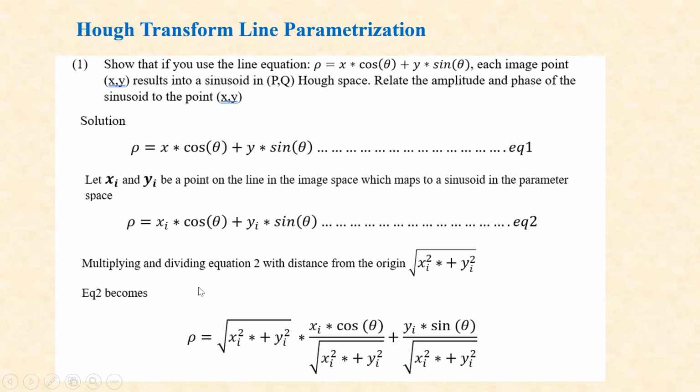Then when we multiply this, because we are after calculating the amplitude and the phase of the sine wave or the sinusoid curve, we multiply by the origin value. When we multiply this equation and then divide it by this, we shall get this block of the equation here.